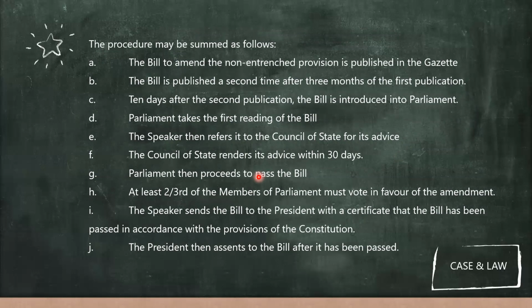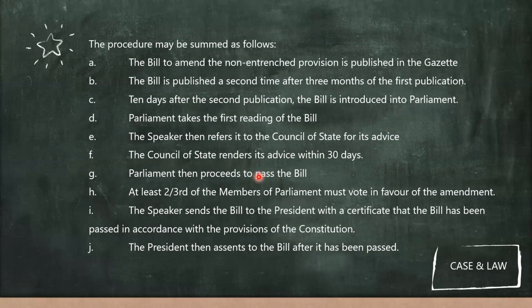Understand, when it comes to Parliament, it must always be by a bill. So it will be a bill to amend the non-entrenched provisions. In this case, you notice that it will be published in the Gazette. Like entrenched provisions, it is laid before Parliament, and then Parliament would refer it to the Council of State for their advice. They have 30 days after it is published.